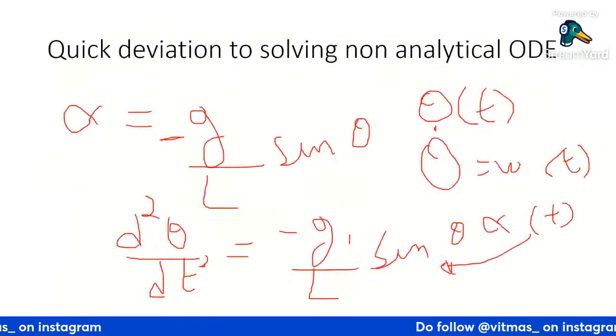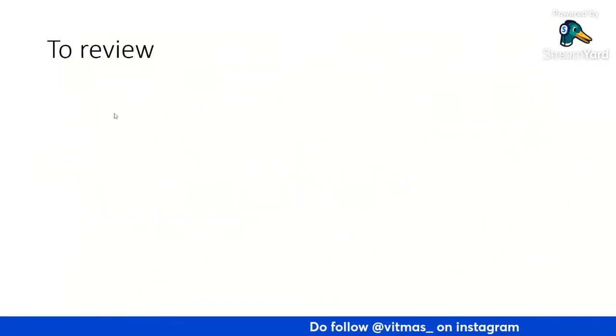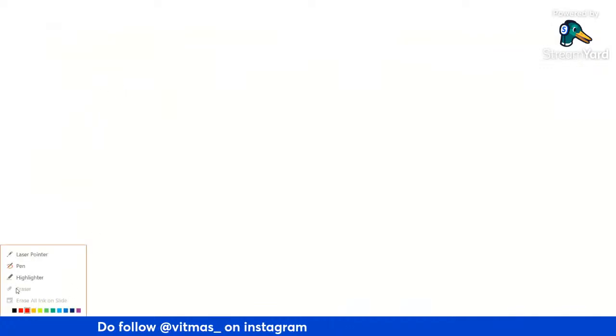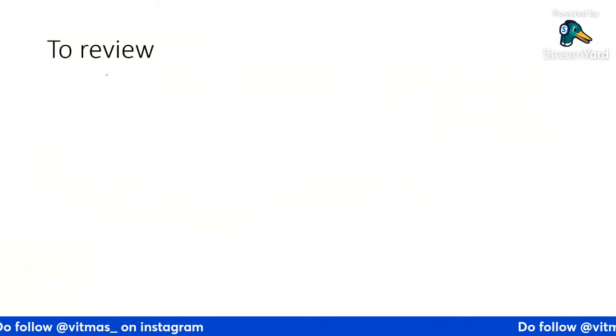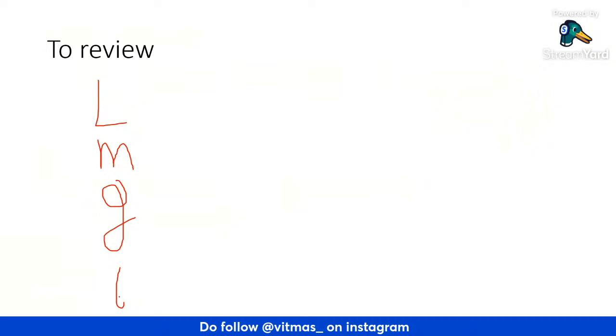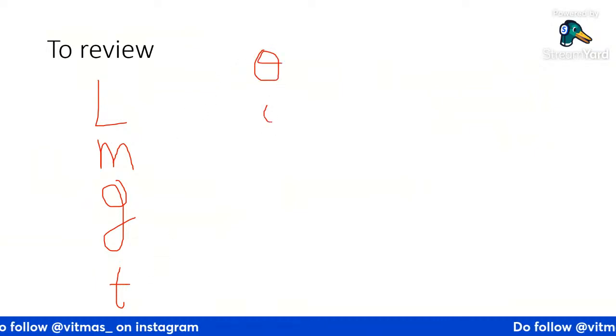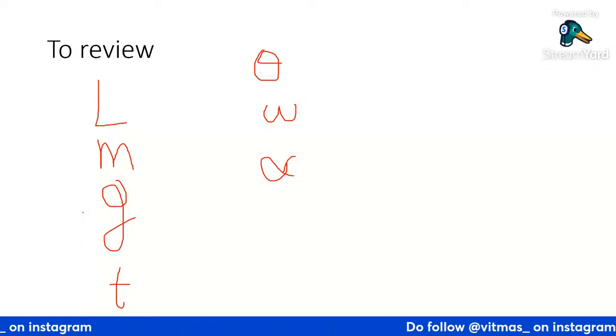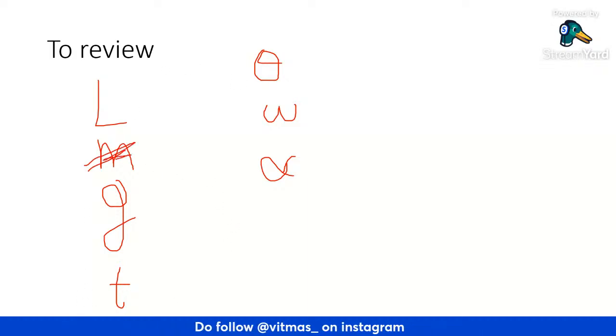So to review, what all we have: our length, our mass, our gravitational constant, our time. Now we have theta, omega, alpha. So 7 variables in total, of which mass is not that important.